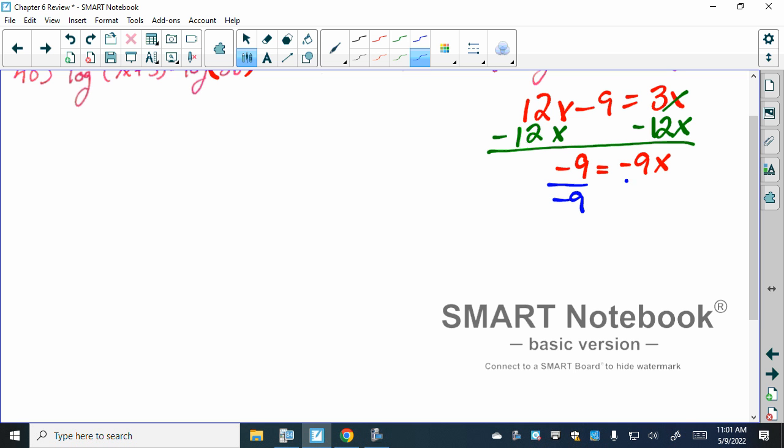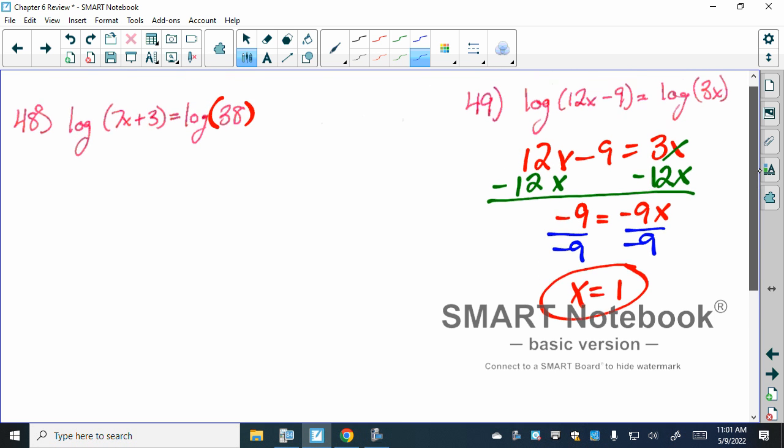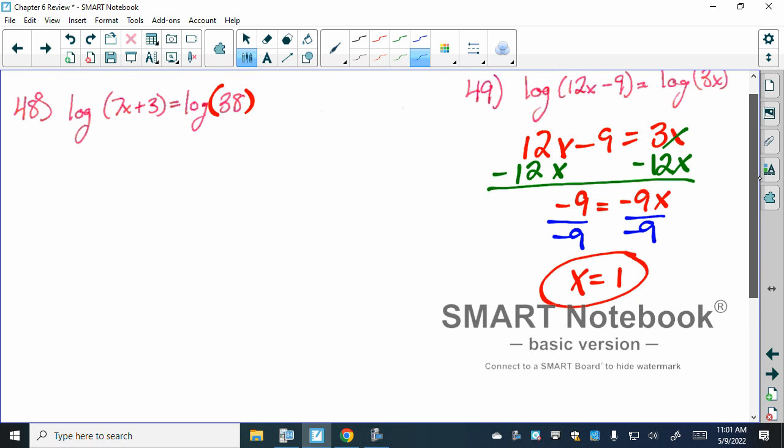At this point here, we would divide both sides by negative 9, giving us x is equal to 1. And that's it. We would do the exact same thing for 48. Any other questions on this here? We're ready for the next ones.